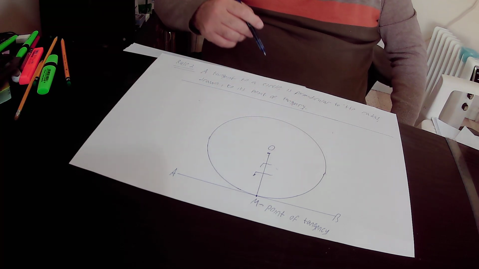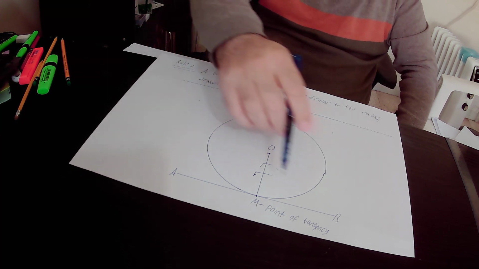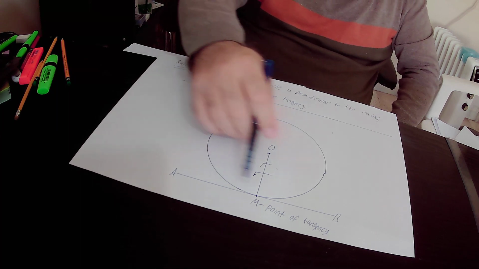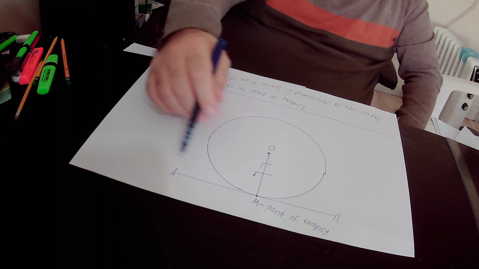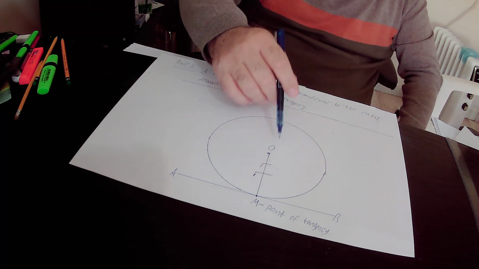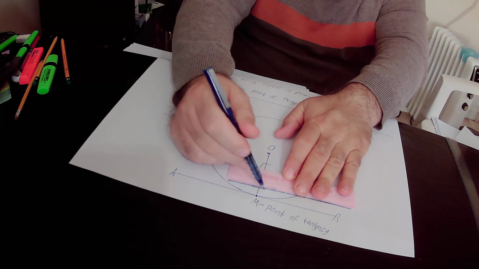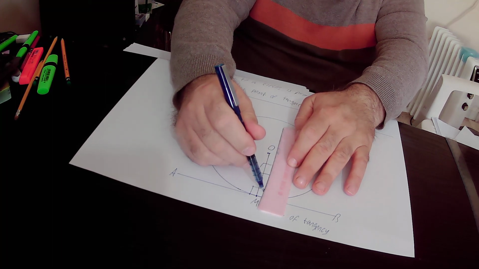Therefore, whenever you have a radius that is drawn to the point of tangency, then the tangent will be perpendicular to the radius. In this case, the tangent AB will be perpendicular to the radius MO. Again, AB is perpendicular to MO. That is to say, this angle equals 90 degrees, and this angle will also be equal to 90 degrees.